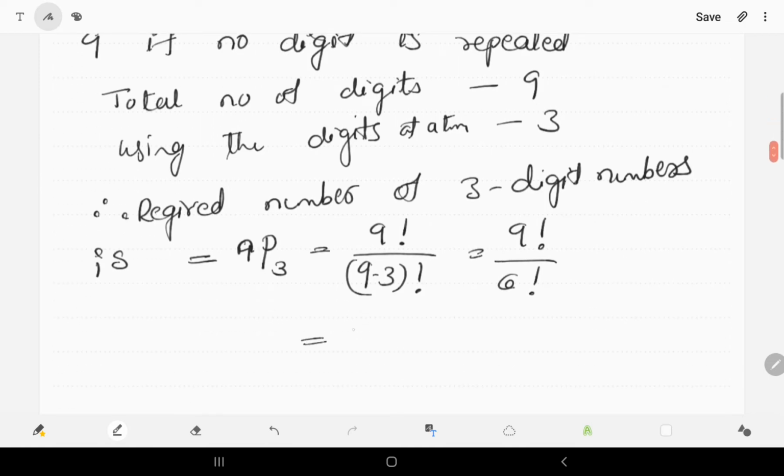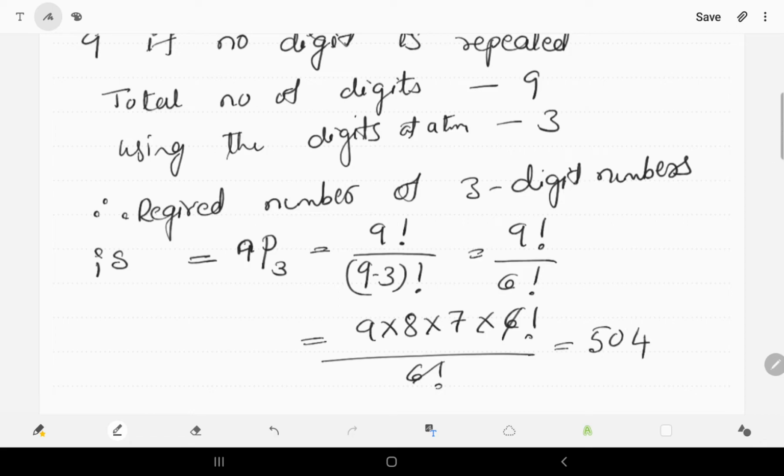So that is equal to 9 into 8 into 7 into 6 factorial divided by 6 factorial. So 9 into 8 into 7 is 504. Okay, this is the answer.